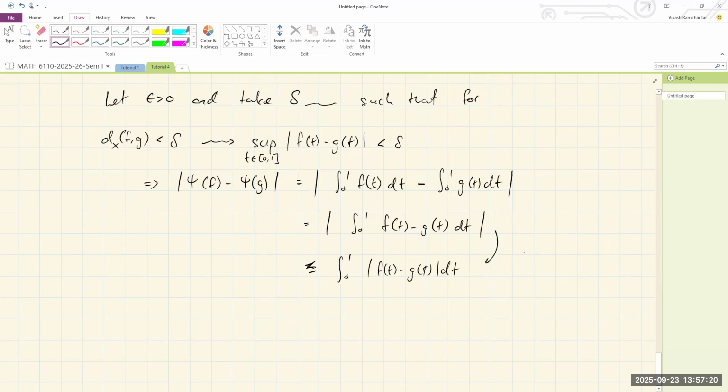I do this because the modulus of the integral of f is less than or equal to the integral of the modulus of f. And this quantity that I'm now integrating is always going to be less than or equal to the supremum of that quantity. Okay, so this is always going to be less than or equal to the supremum of it.